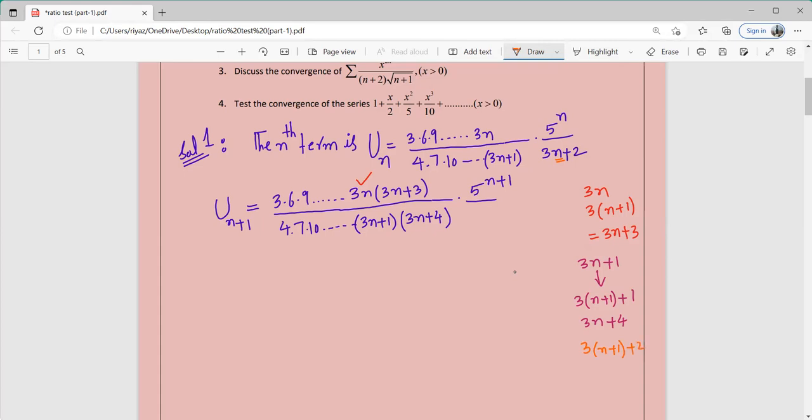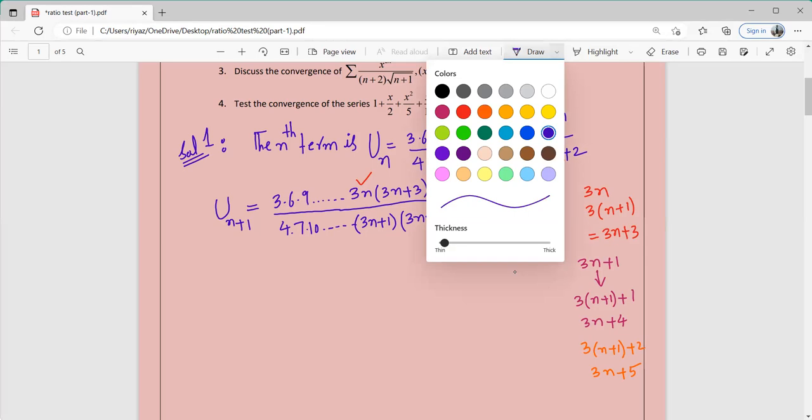What will be the answer? It is 3n. 3 ones are 3 plus 2 is 5. 3n plus 5. तो ये होगा आपके पास, this becomes 3n plus 5.